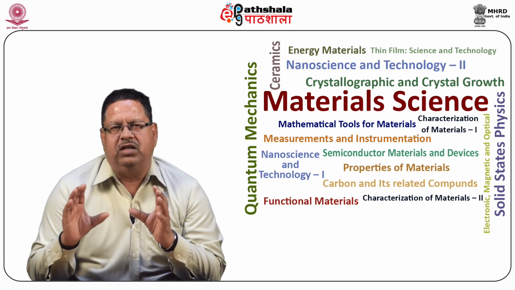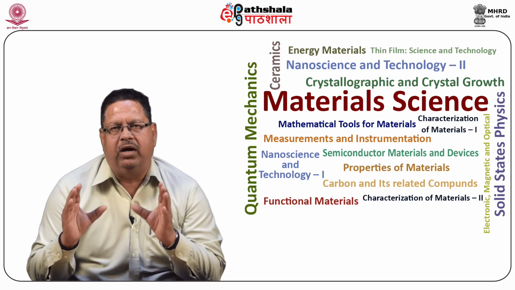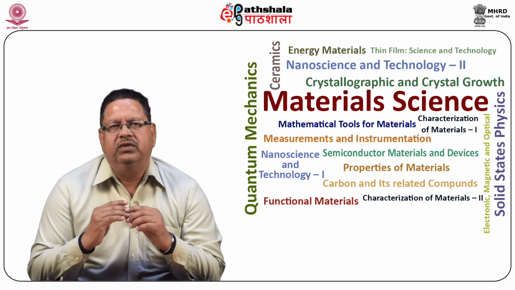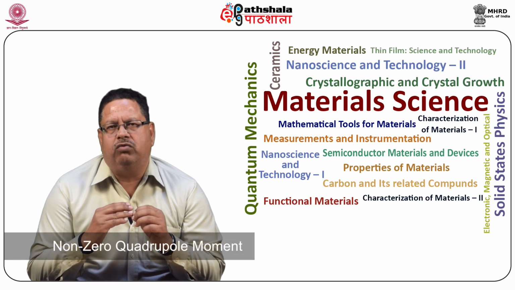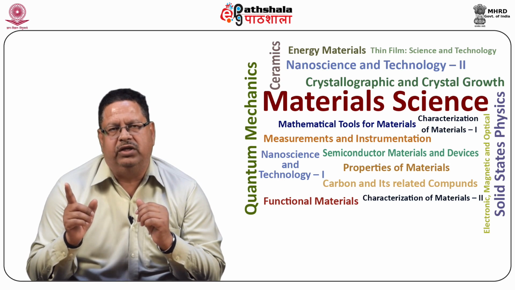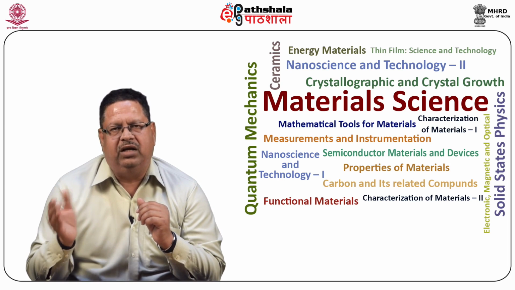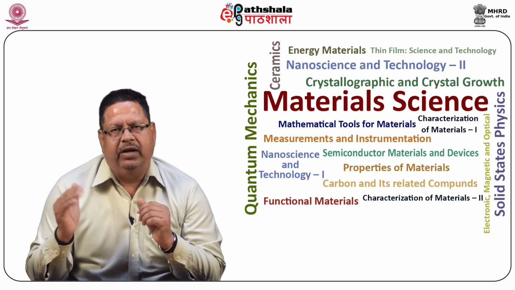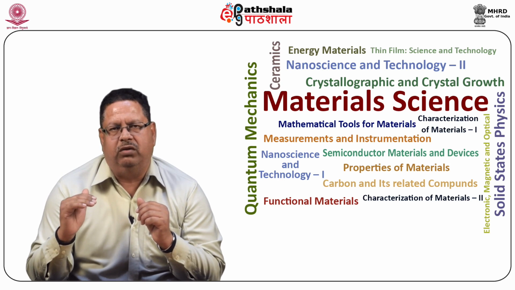In this slide, we are going to study the nature of this non-central component. Now, deuteron has a non-zero quadrupole moment, that is, the ground state is not a pure L equal to 0 state, which explains that there is a contribution of non-zero L values in the ground state of deuteron.